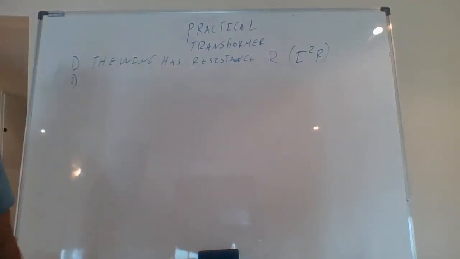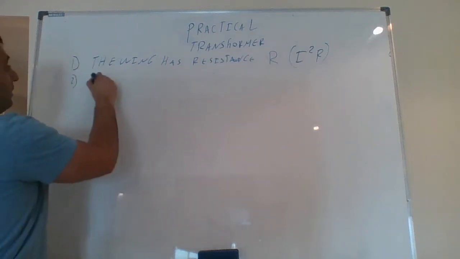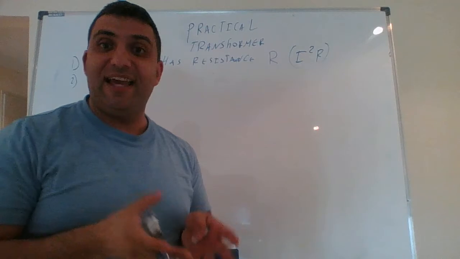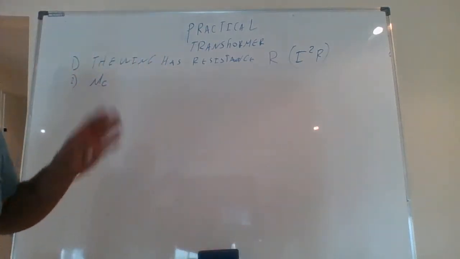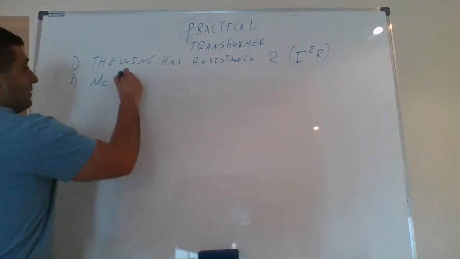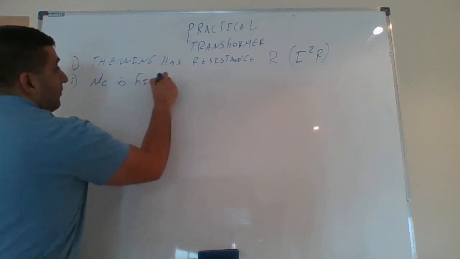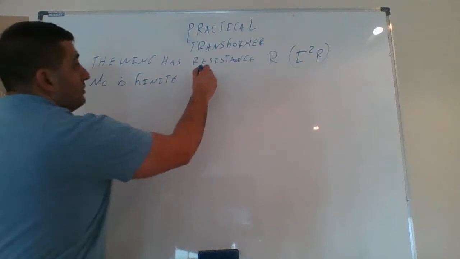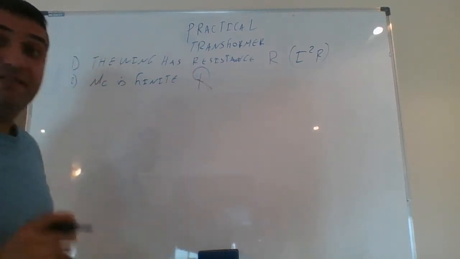The permeability mu of the core, previously in an ideal transformer, was infinite. Now it is not infinite, it is finite. So it has a value, and therefore the reluctance R will have a value.